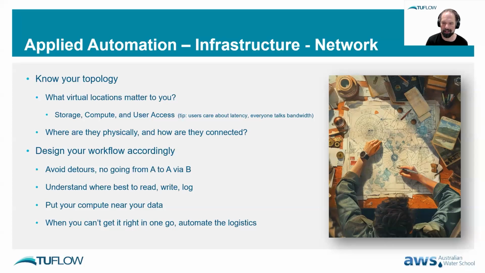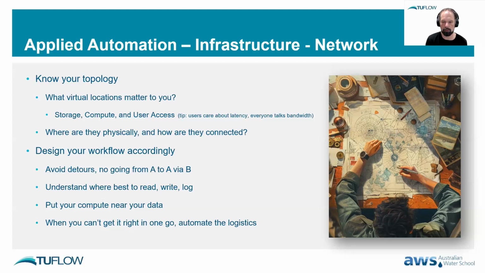A common example I like to mention is people running a copy job from a server in Perth to copy a file from a Sydney server to another Sydney server. Now, for people that are not in Australia, you have to realize Sydney and Perth are an incredibly long distance away from each other. There's an entire continent in between them. And yet somehow this can easily happen.